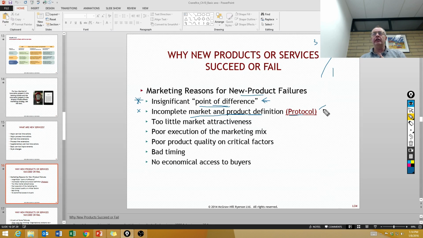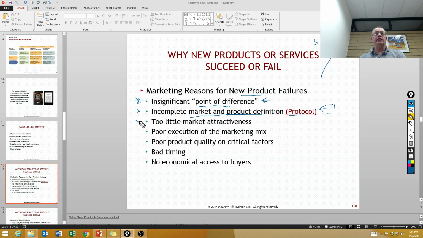If the product is designed from day one with those things in mind, then there's a better chance of it being successful, rather than not having a clear understanding of who the target market is, what customer needs it satisfies, and what functions the product delivers. If we're not clear about those things, then new products are more likely to fail.